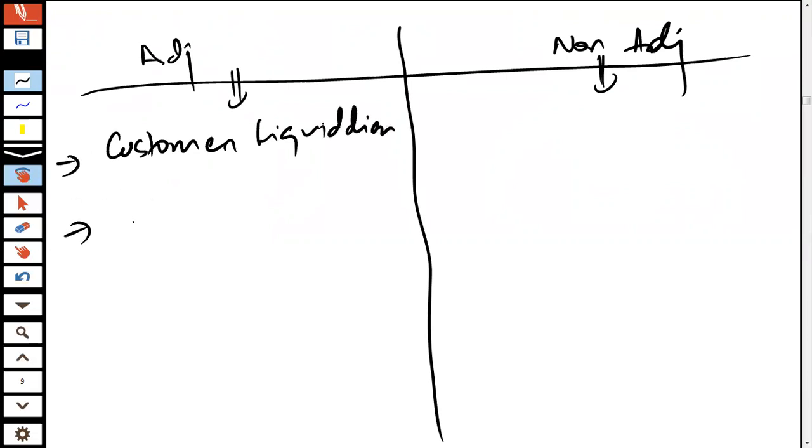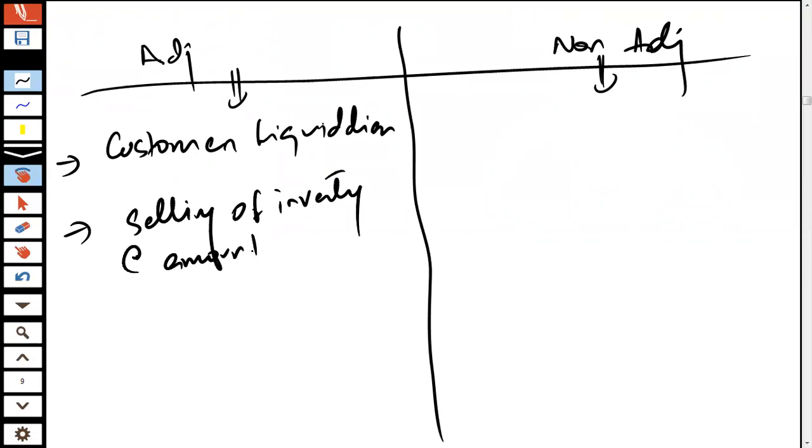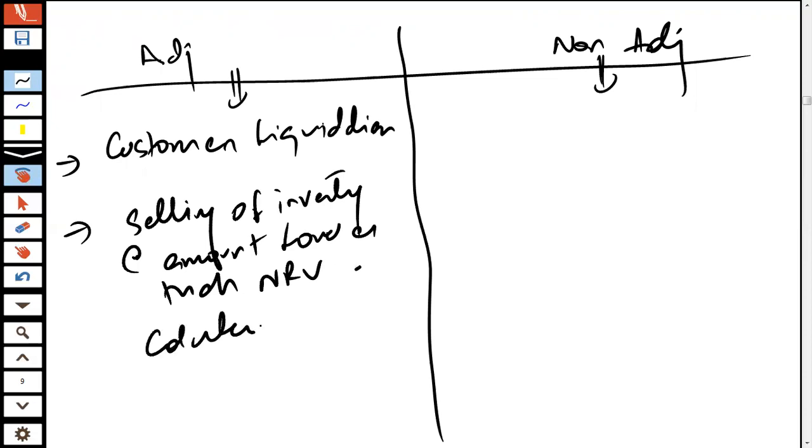The adjusting event could also be selling of inventory at an amount lower than the NRV calculated at year end. For example, if the entity's year has ended and the inventory is sold at lower than its NRV, then that's an adjusting event.